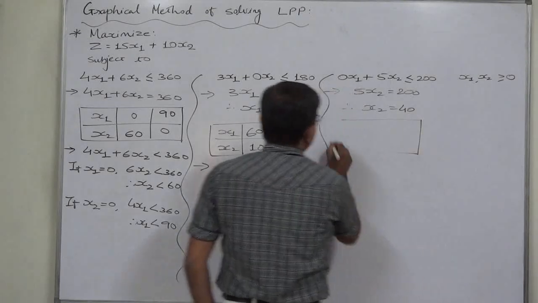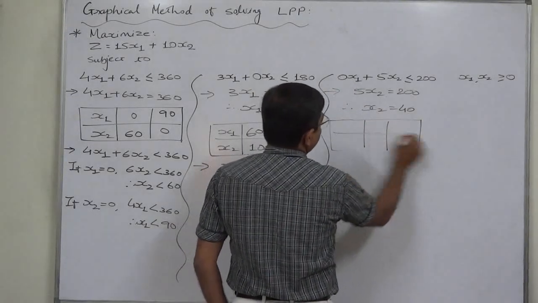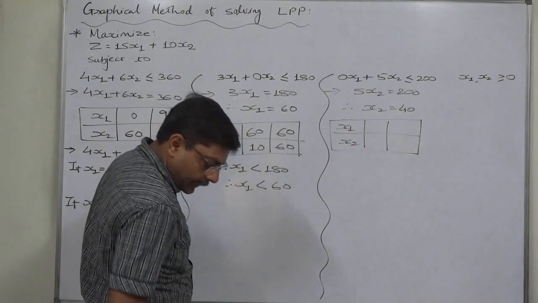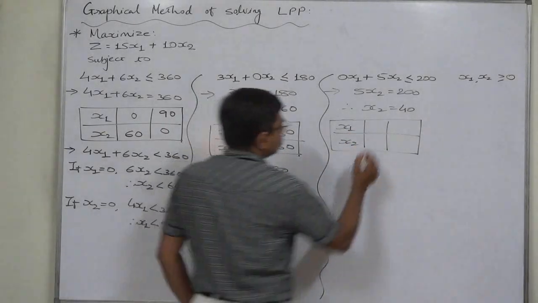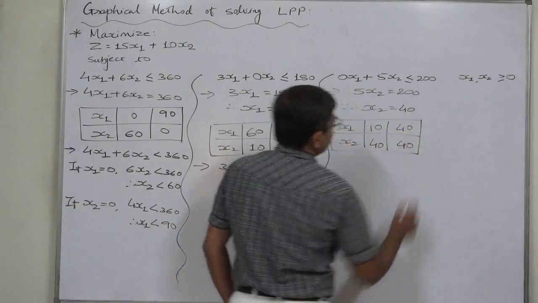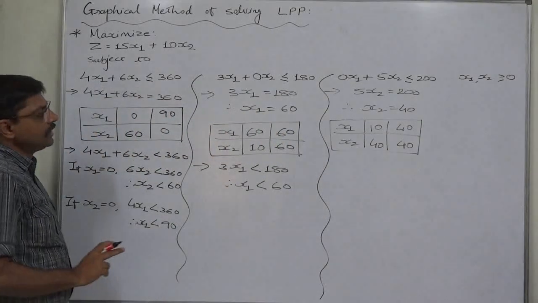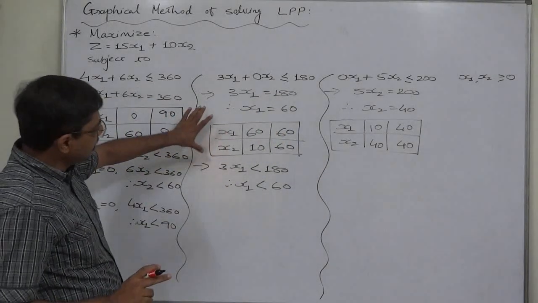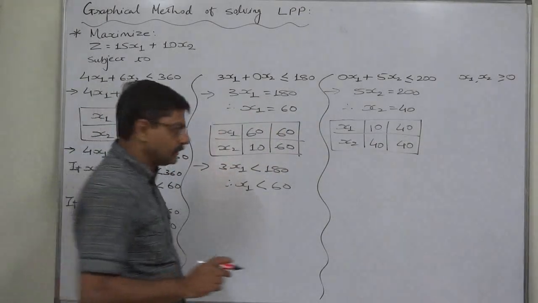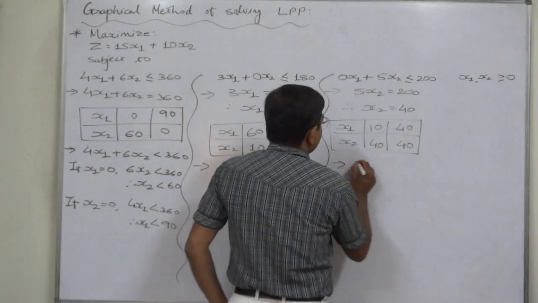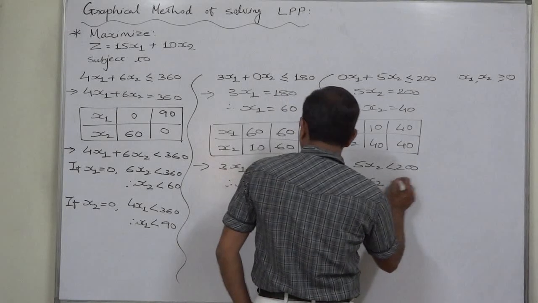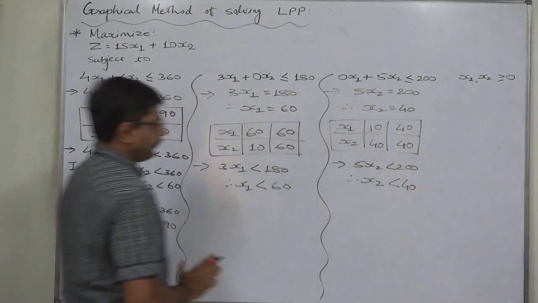So for whatever value of x1, x2 is going to remain constant, 40. The important thing is to learn how to draw the straight line of this kind of constraint where there is only one variable. Okay, inequality part, 5x2 less than 200, so x2 less than 40.